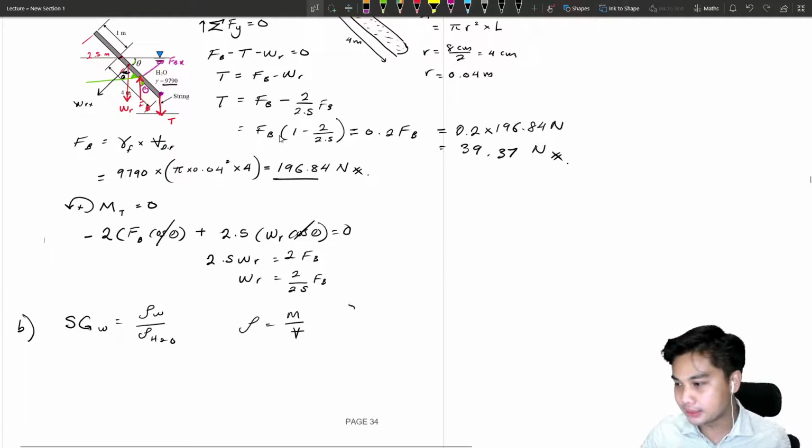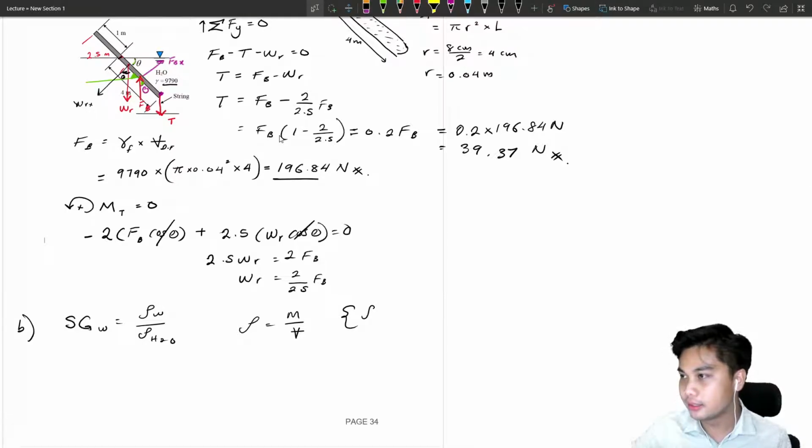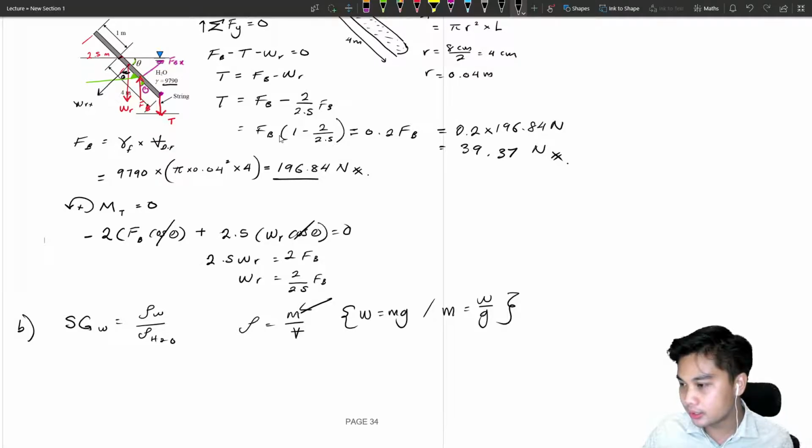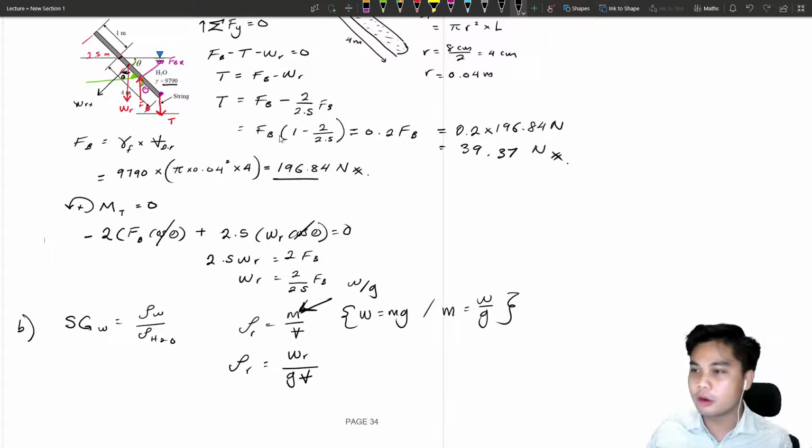The mass here we get directly from the weight of the wood. Weight equals mass multiplied with gravity, so in order to get mass, weight divided by gravity. So replace here with weight over gravity. Then you will get density of the rod equal to the weight of the rod over gravity multiplied with the volume of the total rod.